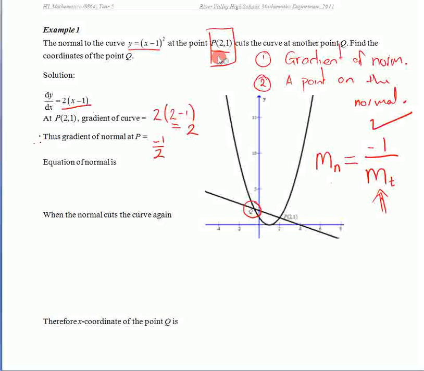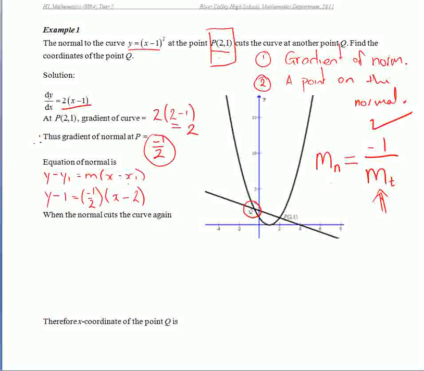So now we've got a point and we've got the gradient, so we're good to go. We have the equation y minus y1 equals m times (x minus x1) to find a straight line given the gradient and a point. So y minus 1 is equal to -1/2 (x minus 2).